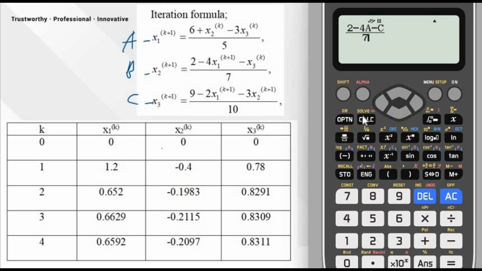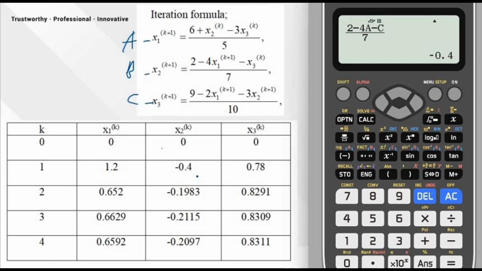Now the CALC button: A refers to x1, so we don't choose A as 0 because the latest value of A is 1.2. Press 1.2 equal, and then the latest value of C, which is x3, is 0. So we press 0 equal, and we will get negative 0.4.